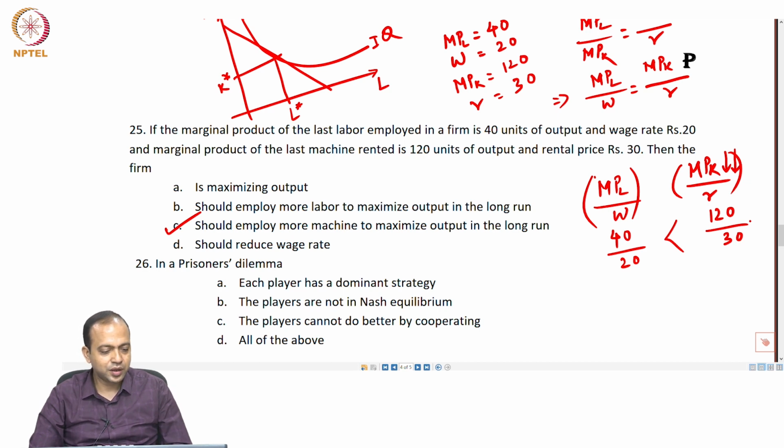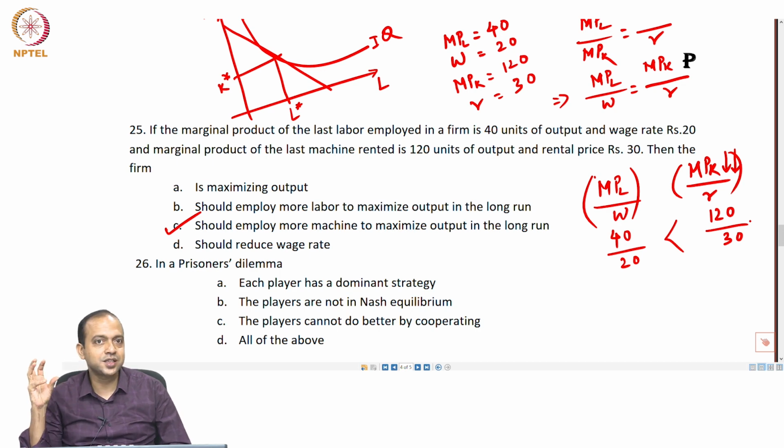So, here if you recall, in prisoner's dilemma what we learned is that each player has a dominant strategy, and the dominant strategy is non-cooperation, and the equilibrium condition is suboptimal. These are the three conditions we learned. Suboptimal means what? Had they cooperated, their payoff would have been better than what they are getting now.